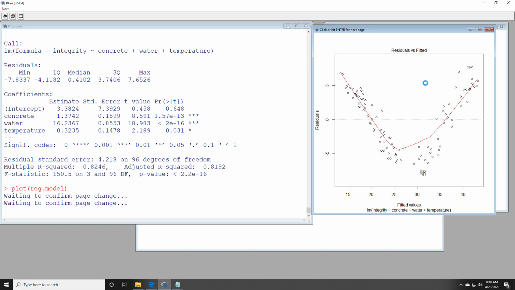Sometimes they are. This should be obvious that this model is horrible. It appears that we are not modeling this data correctly. We want this red line to be flat at 0, and we want a random cloud of points. We have a nice quadratic, curvilinear relationship here. Thus, we are not modeling things correctly.